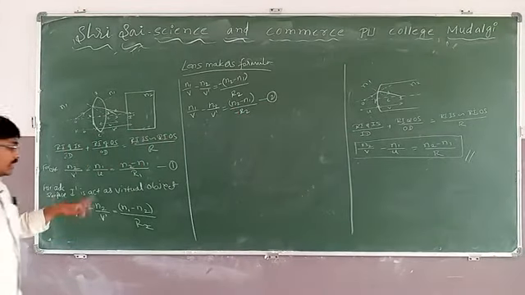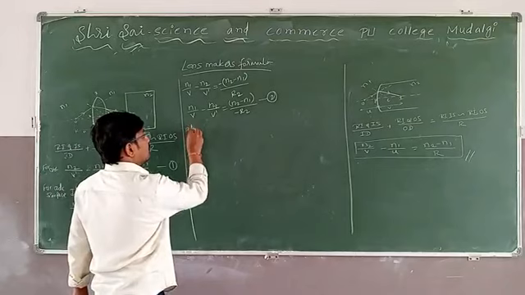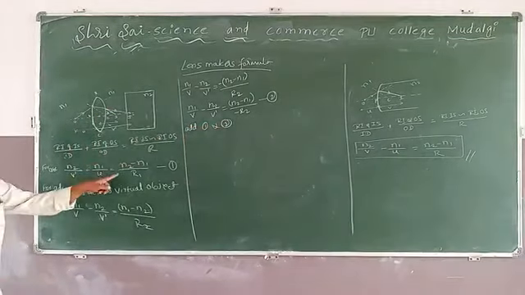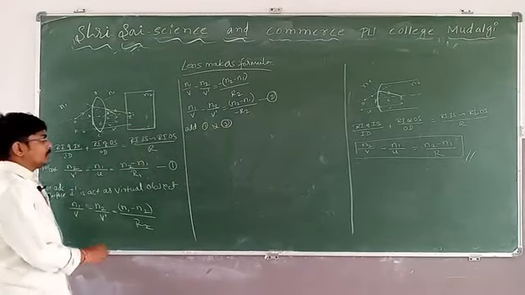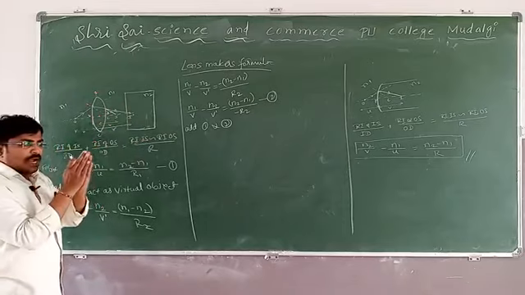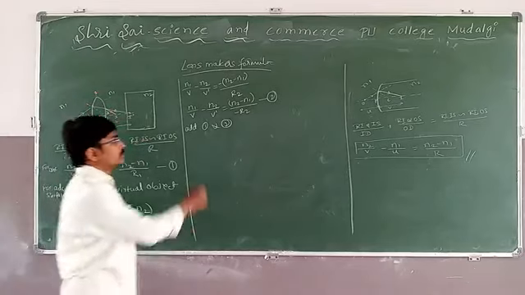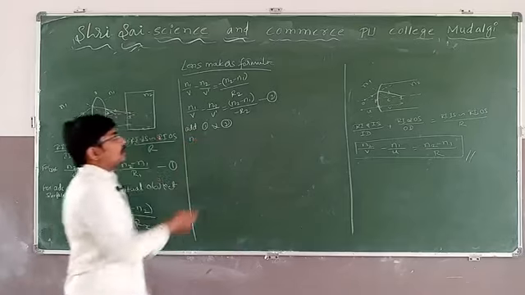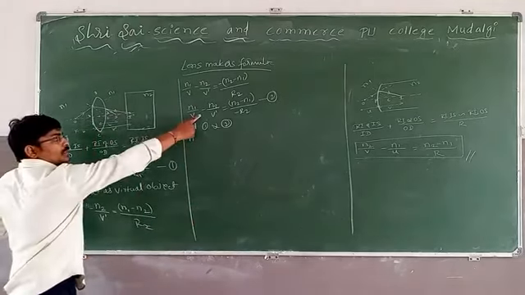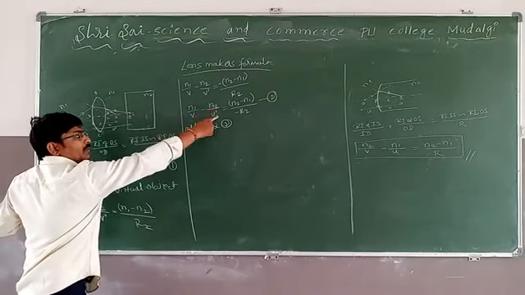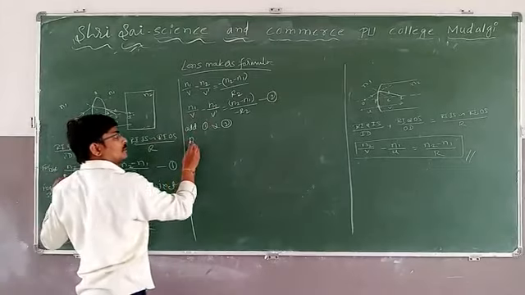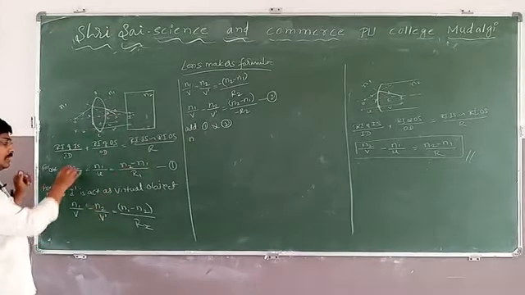Now you add 1 and 2. Add 1 and 2. Because equation 1 is for one surface and the second equation is for the second surface, if you add, you will get the total. Equation number 1 is here, equation number 2 is here. N2 by v dash minus n2 by v dash cancels.